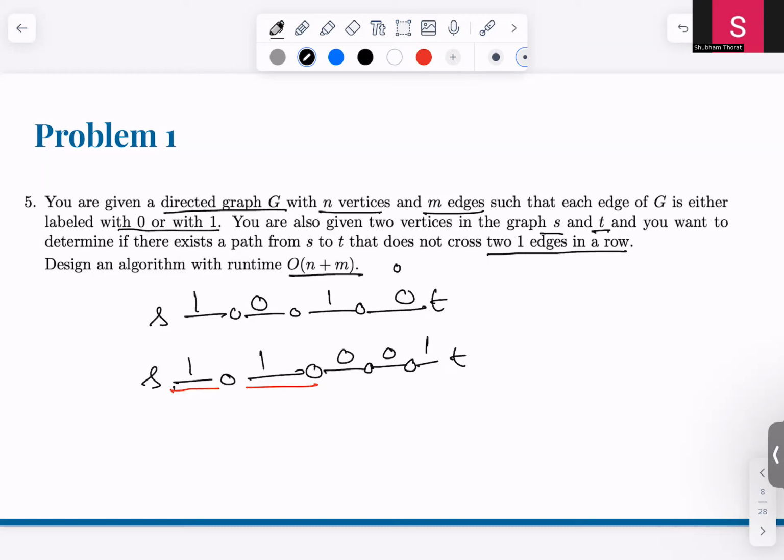We can also write it as big O of V plus big O of E. So this might give us an idea that we have to use something like an explore method here. Any hints? And these edges are directed.